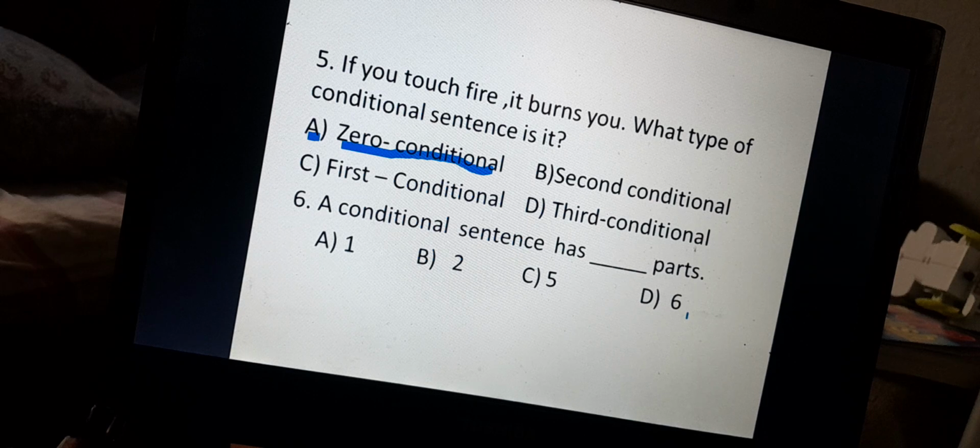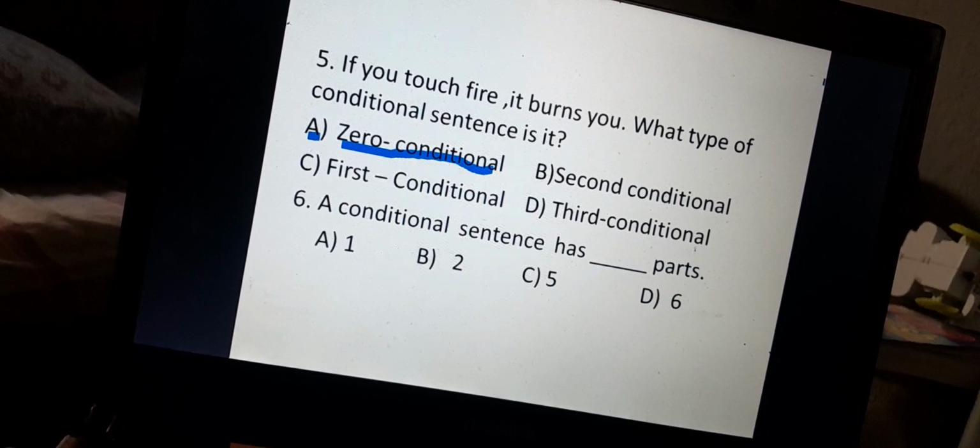A conditional sentence has blank parts. Remember that I told you in our past discussion when we were talking about conditional sentences, so that you can answer this question correctly, because last time I explained it in a very short and precise manner.